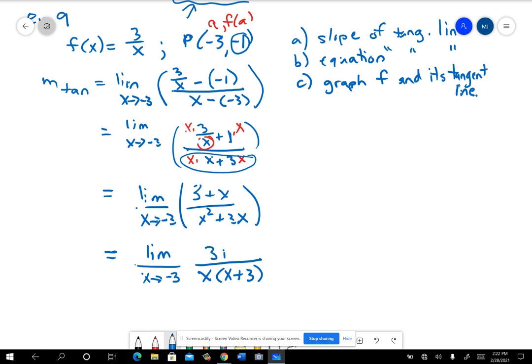Up here, I have 3 plus x. Now be careful. Sometimes when things are out of order, it matters, but both 3 and x are positive, so these really are the same. So those would cancel out.